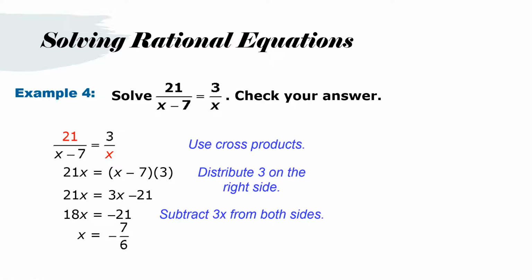So, since the quotient of negative 21 and 18 is not an integer, we will reduce it into the simplest form of the fraction. So, negative 21 over 18 is the same as negative 7 over 6.